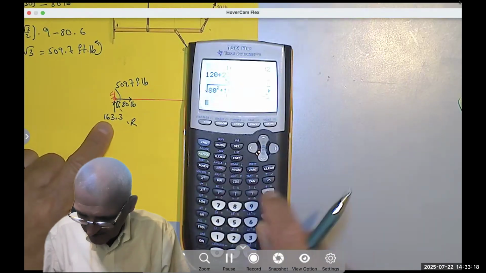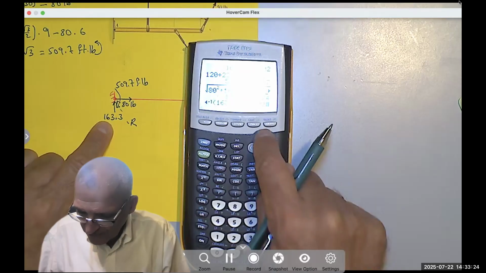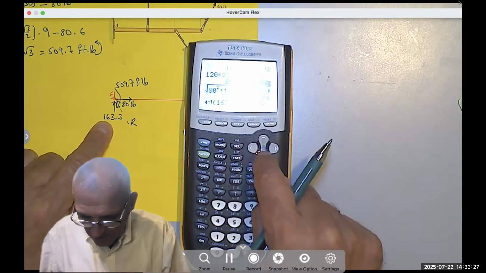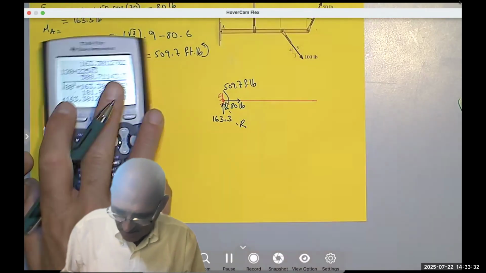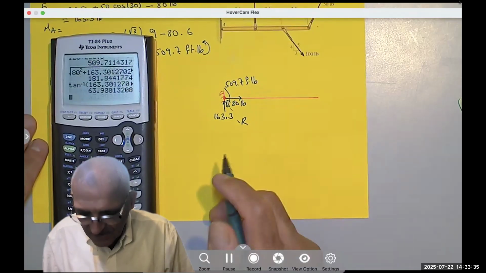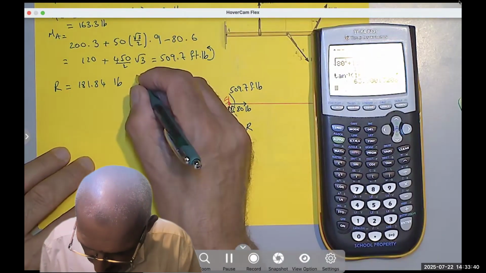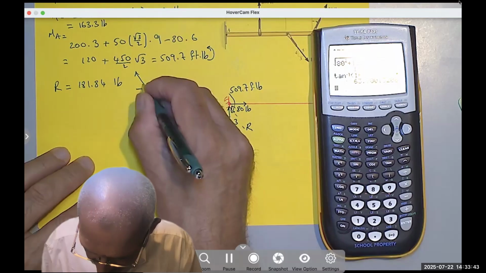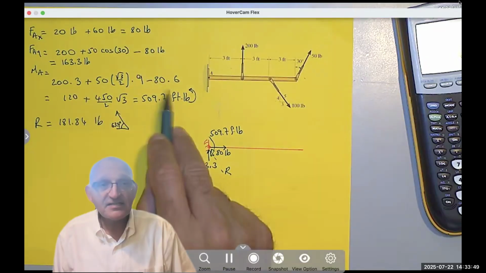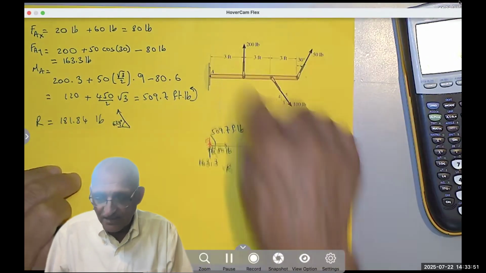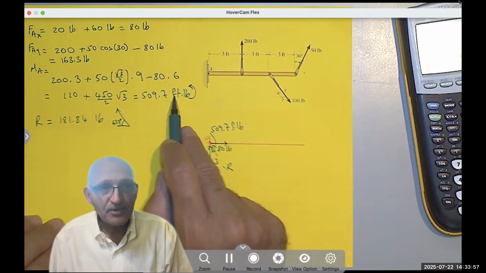The y is this. So you can say inverse tan of y over x, which is 80. So it would be 163.3 over 80, which gives 63.9, and you can write it like that, 63.9 degrees. So that's the force, that's the couple. So a bunch of forces can be moved to a new location as a single force and a single couple.